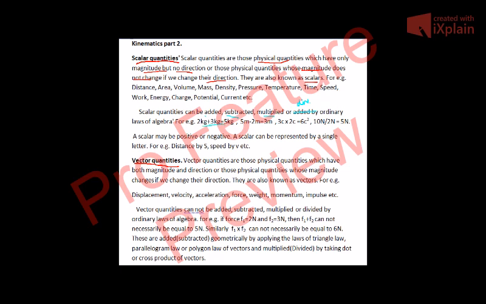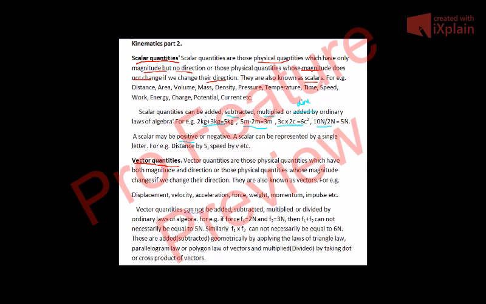Similarly, 5 meters minus 2 meters is equal to 3 meters. If we multiply 3 coulomb of charge by 2 coulomb of charge, we will get 6 coulomb square. Similarly, if we divide 10 Newton of force by 2 Newton of force, we will get 5. So scalar quantities can be added, subtracted, multiplied, or divided by ordinary laws of algebra.